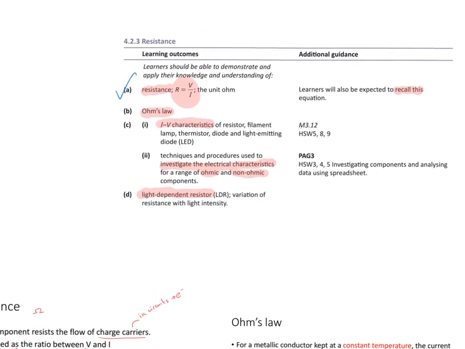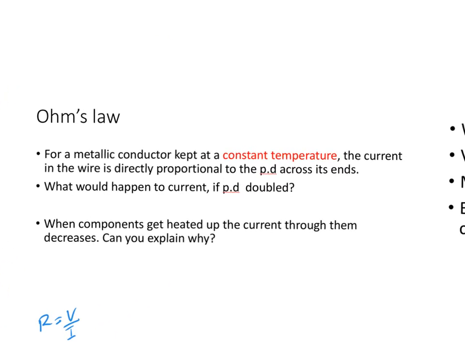We also saw the equation, its units, and we're going to have a look at Ohm's law now. Ohm stated that for a metallic conductor that's kept at a constant temperature, so like a wire, and metallic is very important because we do use components that have semiconductors inside of them, the current in the wire is directly proportional to the potential difference across its ends.